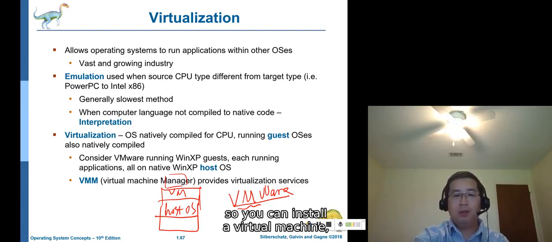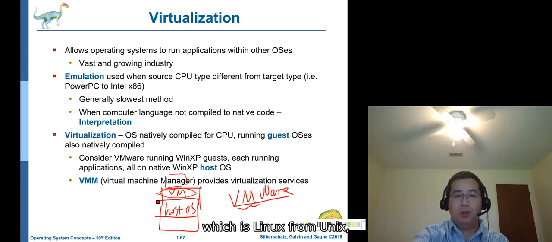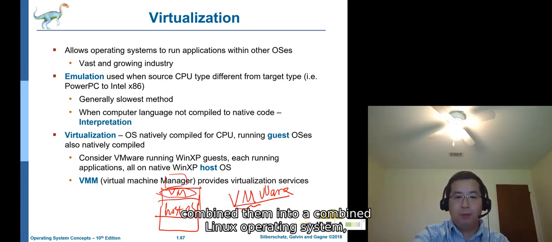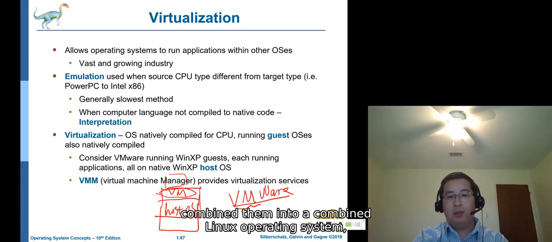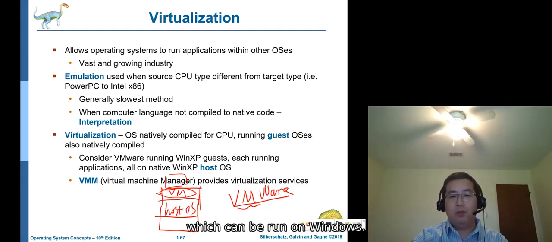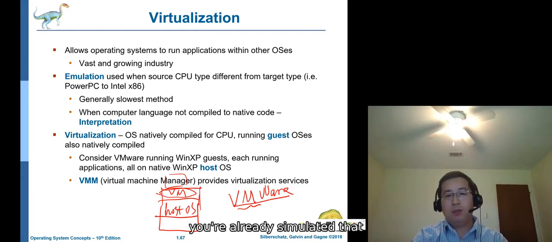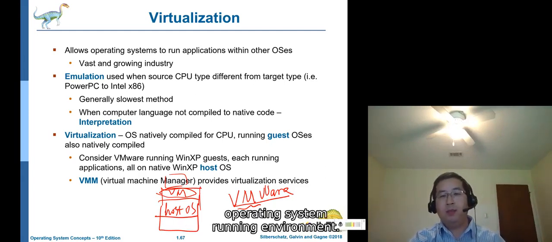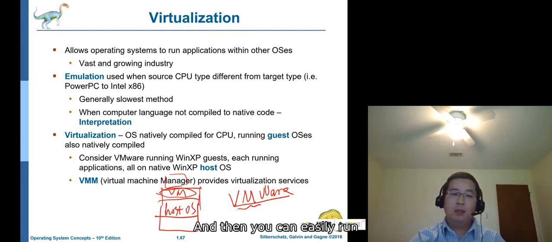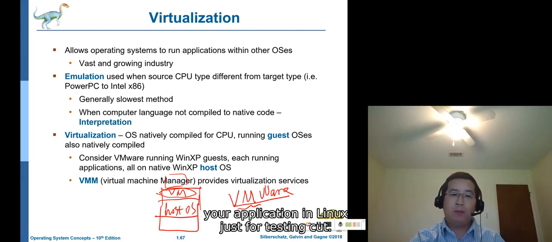You can install a virtual machine for Linux, meaning a Linux operating system environment which can run on Windows. You have already simulated that operating system running environment, and then you can easily run your application in Linux just for testing, right?